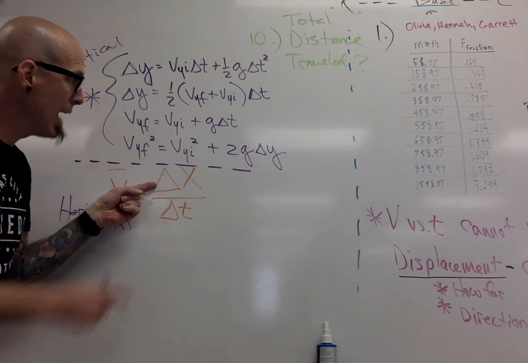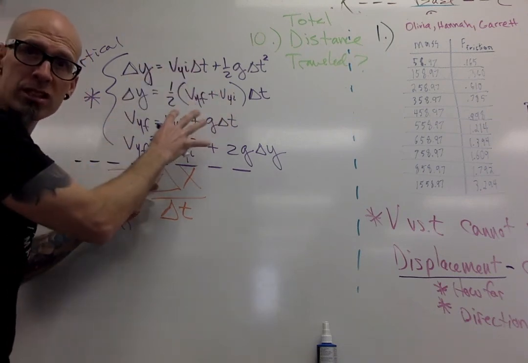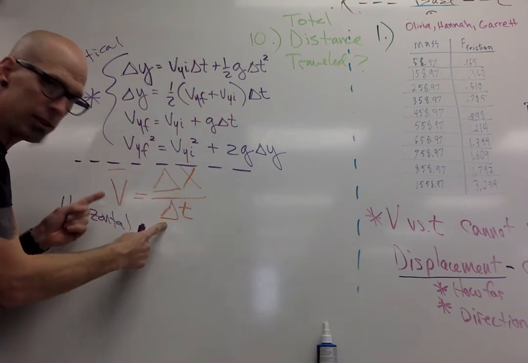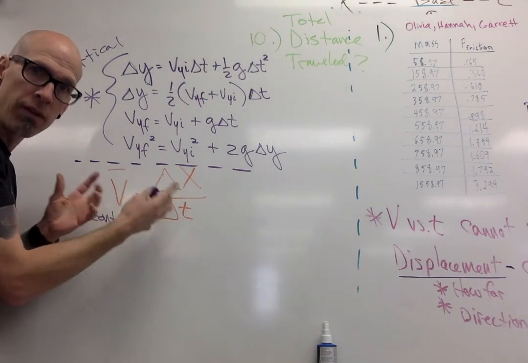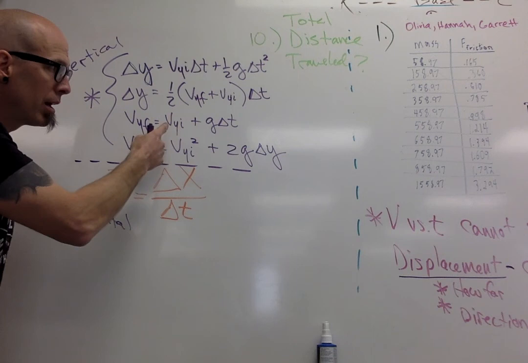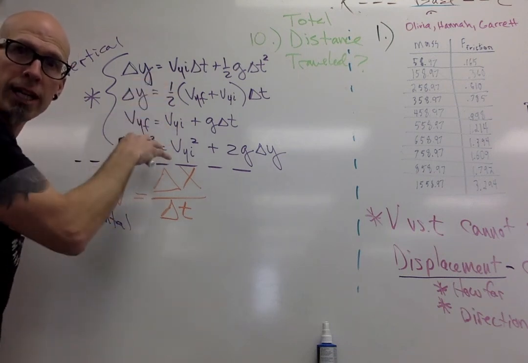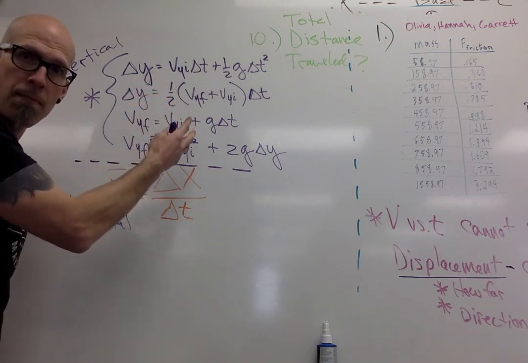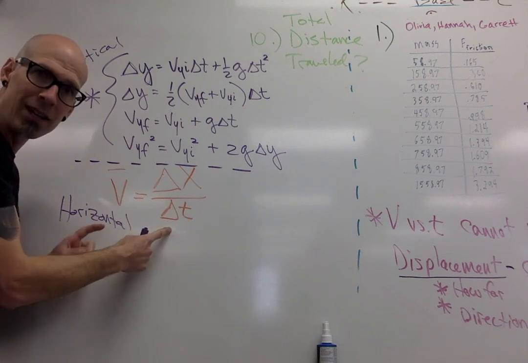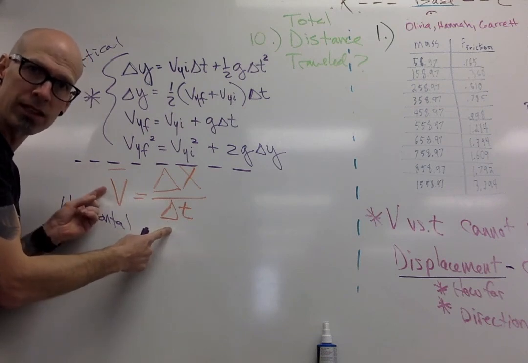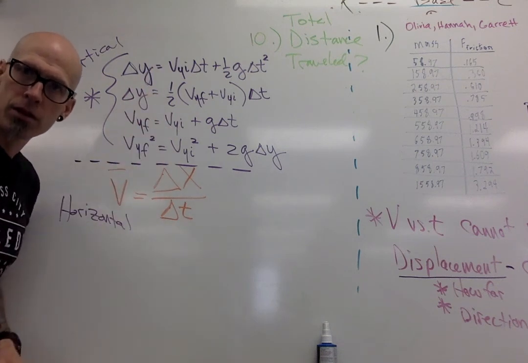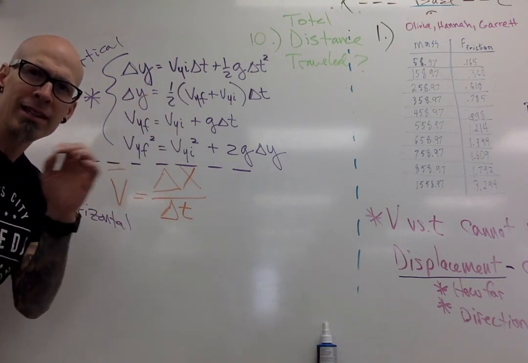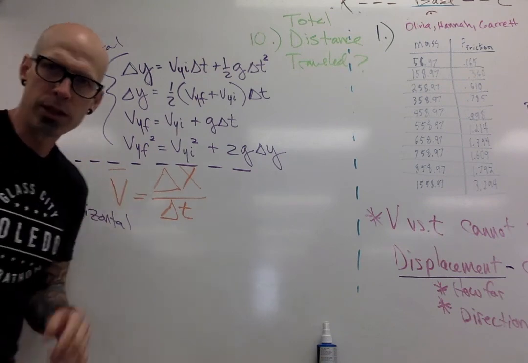Then you may have to find the delta t somehow with this stuff and use that delta t down here to find out the delta x. Or vice versa. Maybe they're asking you something about its vertical motion or its vertical change in position, and you've got to find the delta t down here using the horizontal information that they gave you, to use that delta t up here to find some other variable. So often delta t is the connecting point between the two.